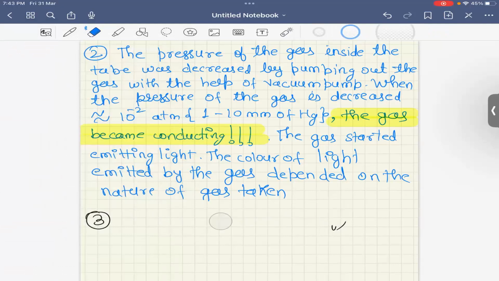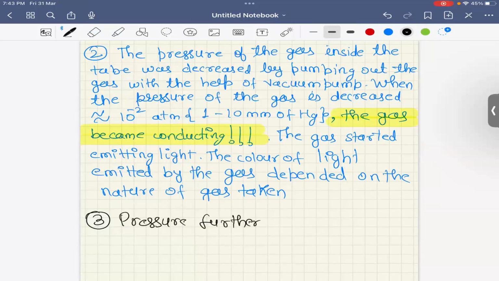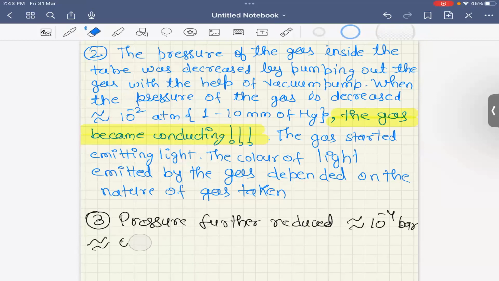Pressure was further reduced to about 10 raised to power minus 4 bar, which is around 0.01 mm of Hg, right?